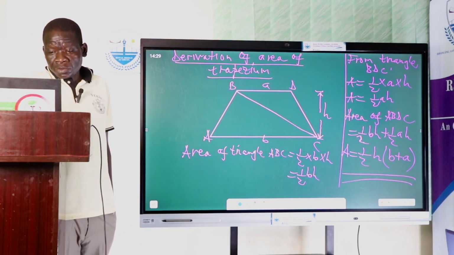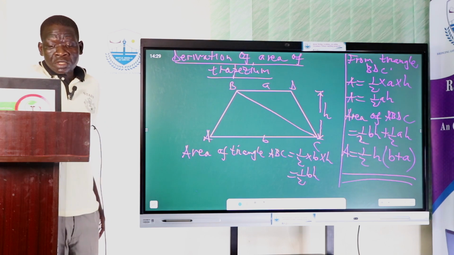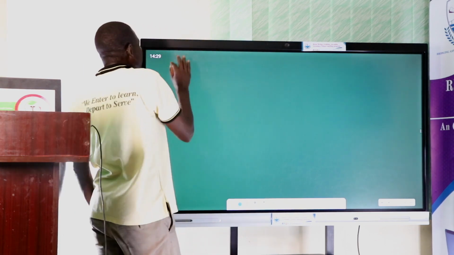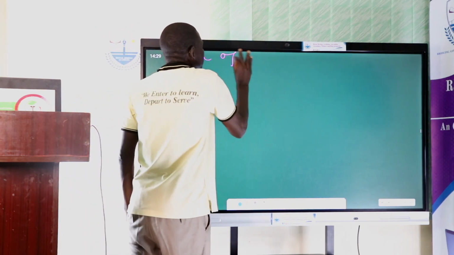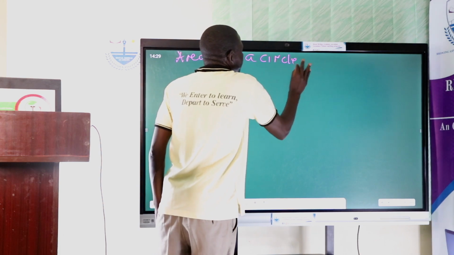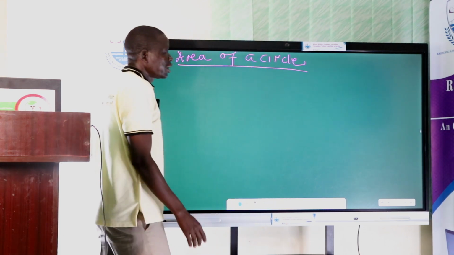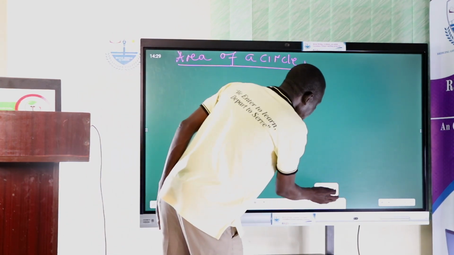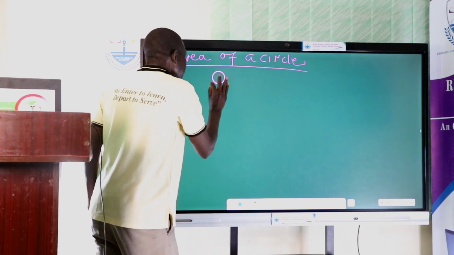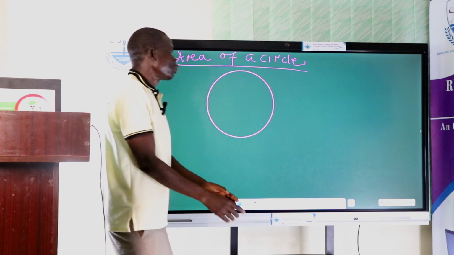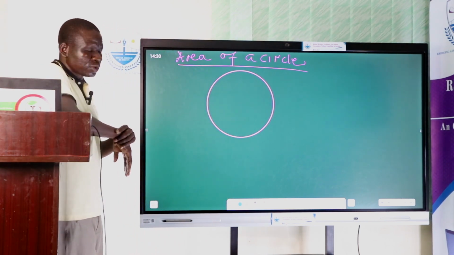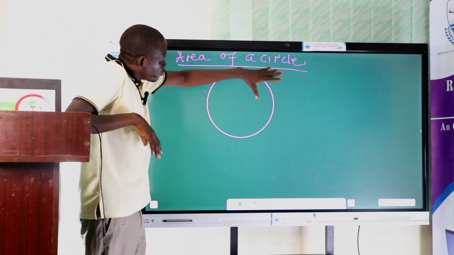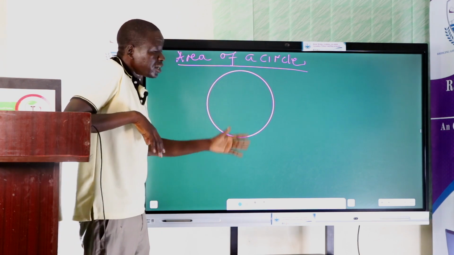We can continue. Let's look at now the area of the circle. The circle is a roundish figure. This is how the circle looks like. So, how do we find the area of the circle? First of all, for the circle, we need to know that the circle has what we call the radius.